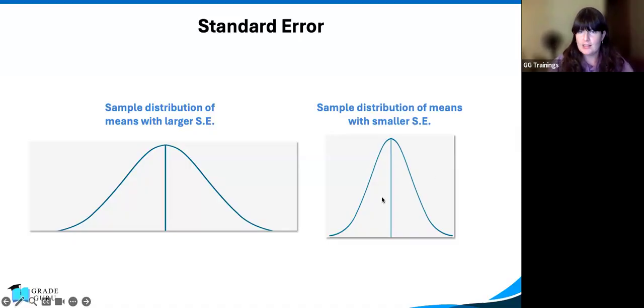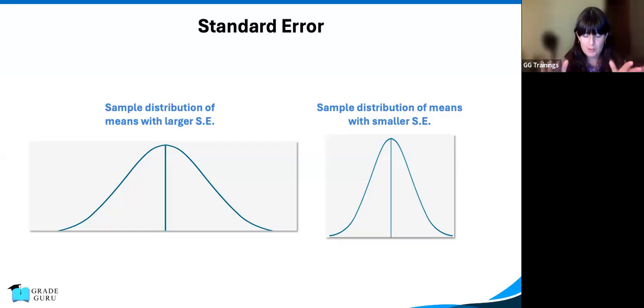On the right-hand side is what low error looks like. You can see that the normal distribution is a little bit skinnier. That means that we're being a lot more accurate with how it's distributed around the mean. Whereas on the left-hand side, it's almost like we're giving it room. There's room for error because our standard error is larger.